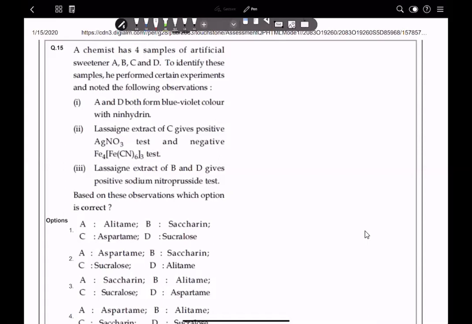A and D form blue or violet coloration with ninhydrin. The Lassaigne test of carbon gives a positive AgNO3 test and a negative Fe(CN)6 4- test. Positive AgNO3 test means chloride is present, and a negative test means no nitrogen is present.